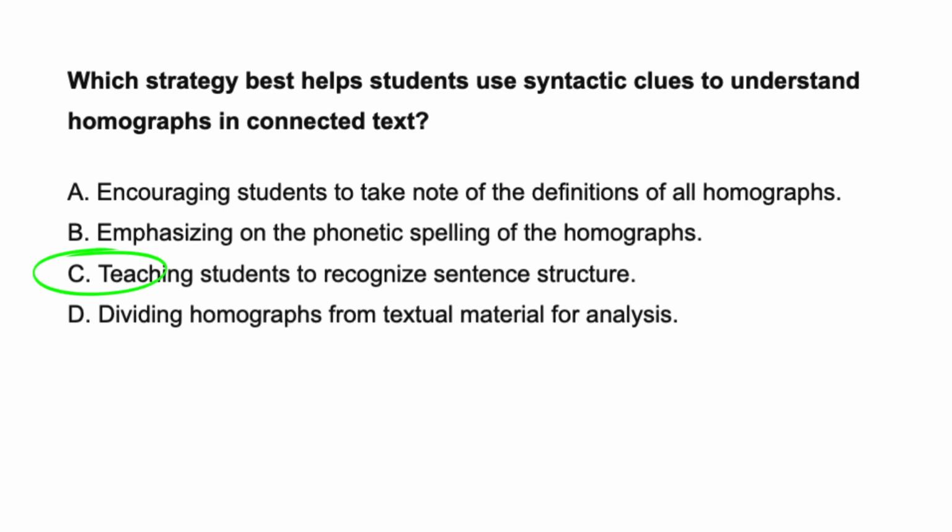Correct answer is C. Now, teaching students to analyze sentence structure allows them to use syntactic clues effectively, helping them discern the correct meaning and pronunciation of homophones based on their context within a sentence.